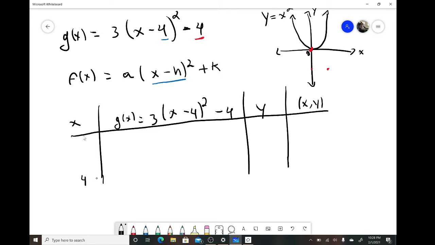So I'm going to do it right here. We have g of 4, that's 3 times (4 minus 4) squared minus 4. Well, 4 minus 4 is 0. 0 squared is 0. 3 times 0 is 0. And 0 minus 4 is simply minus 4. So when you plug in 4, you get back minus 4.